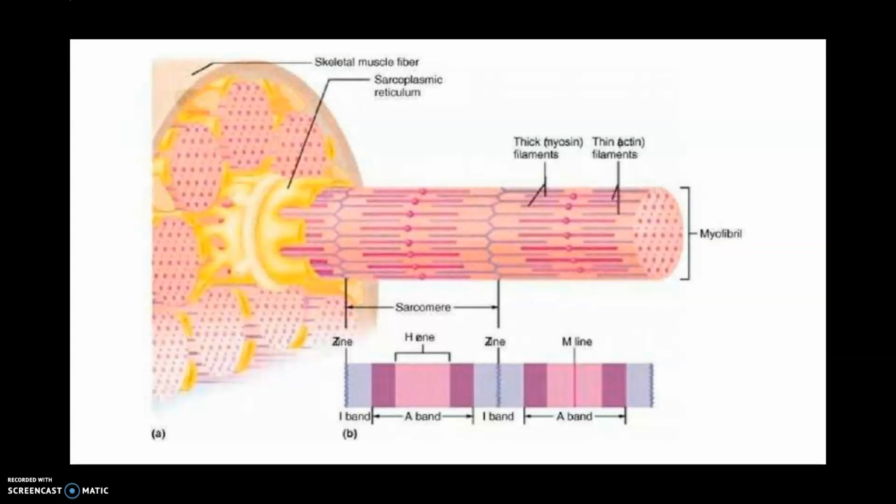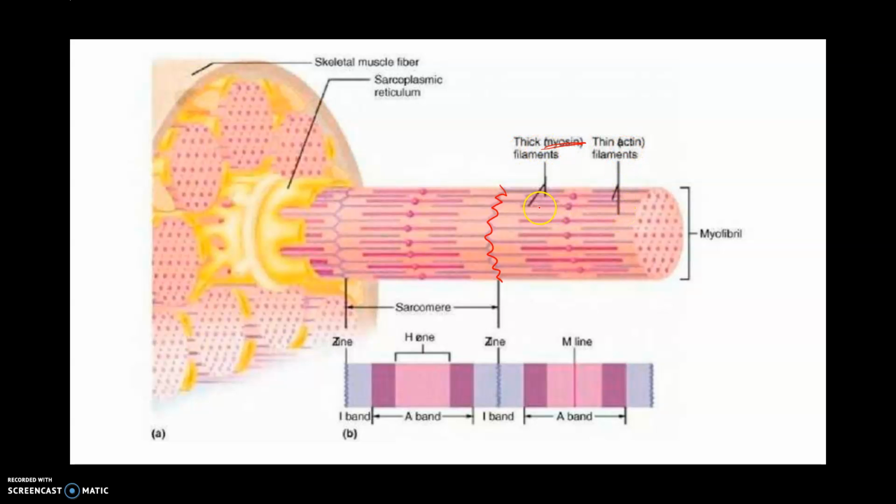So let's take a look at these images here. So if we look here, these filaments in between these Z-lines, so this is our Z-line right here, going all the way down. The ones that are in between, not really connected to anything, those are our myosin filaments.